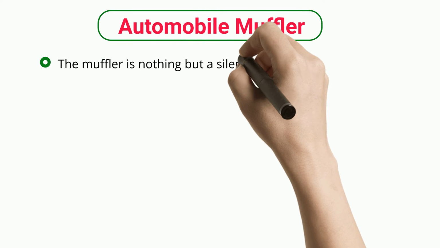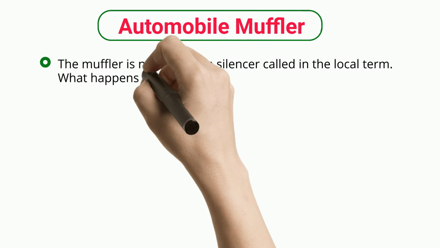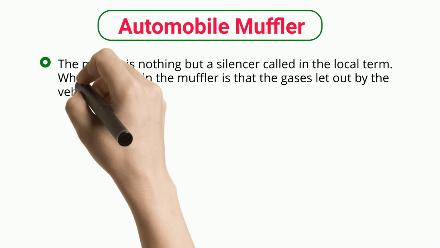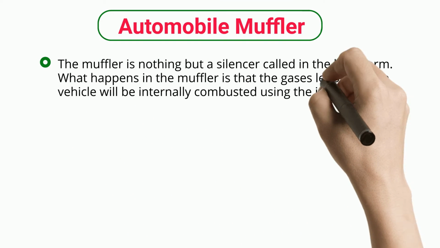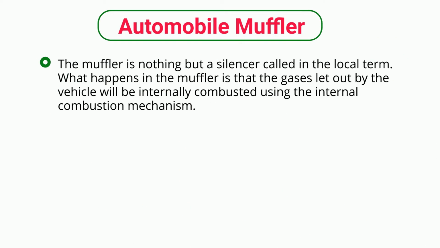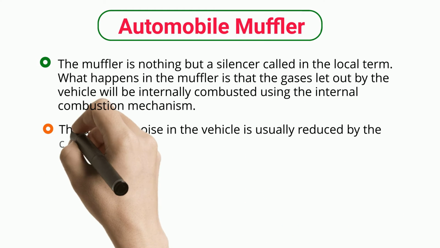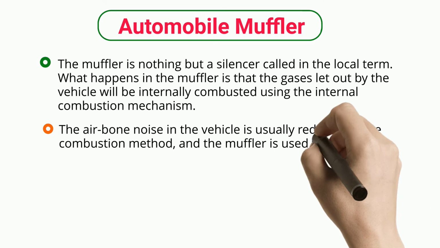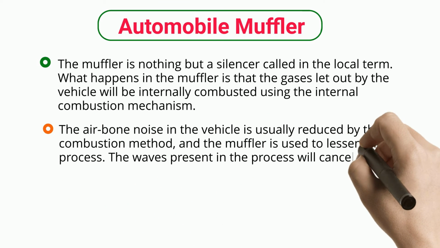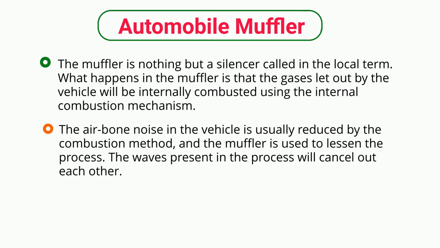The muffler is nothing but a silencer, as it is called in local terms. What happens in the muffler is that the gases let out by the vehicle will be internally combusted using the internal combustion mechanism. The airborne noise in the vehicle is usually reduced by the combustion method, and the muffler is used to lessen the process. The waves present in the process will cancel out each other.